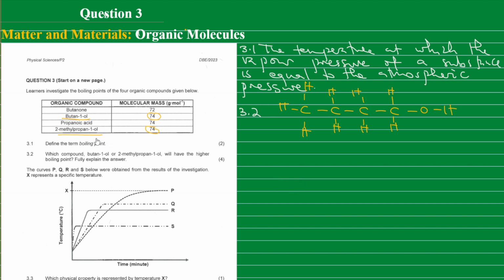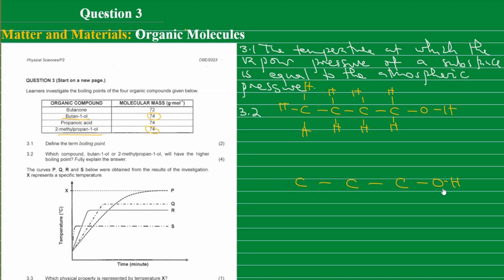Now let's come to 2-methylpropan-1-ol. Propanol means we have 3 C's, so we have 1, 2, 3. And where is 1-ol? It means our alcohol is on carbon number 1, so I'll put the alcohol on the first carbon here.